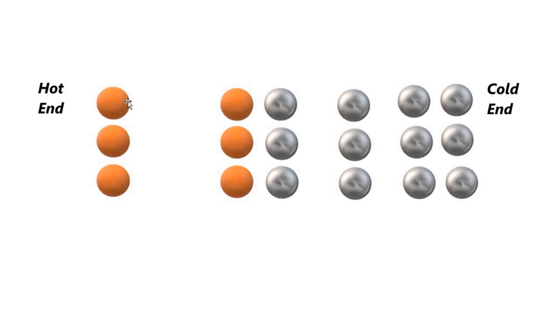As a result of increased amplitude of oscillation, they collide with the neighboring, adjacent molecules, and as a result of this collision, a portion of their energy is transferred to the neighboring molecules.